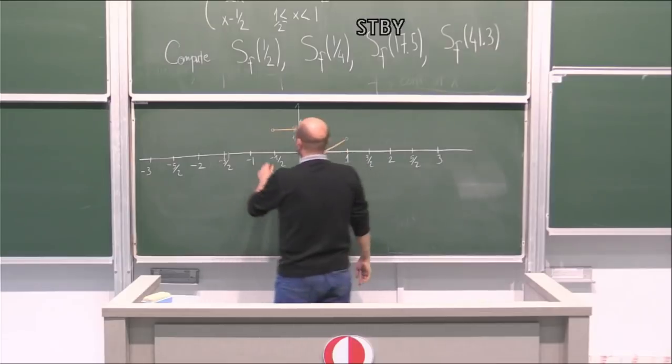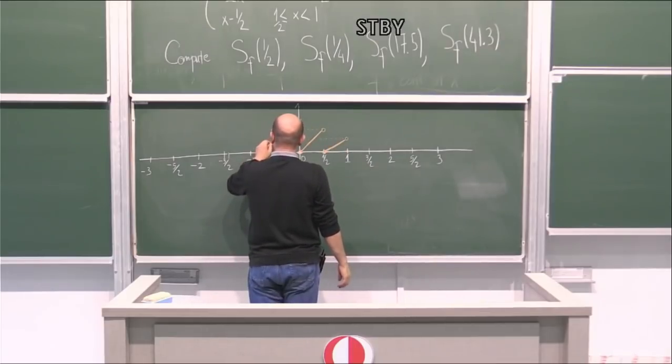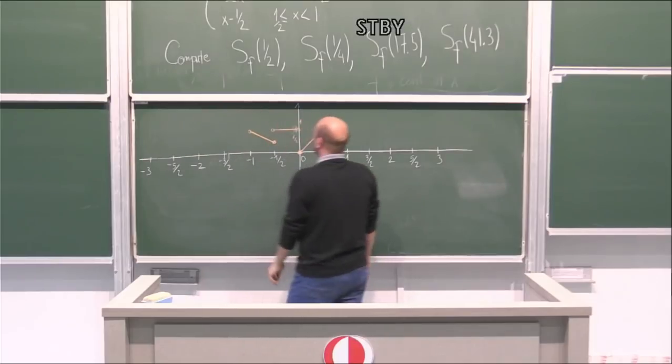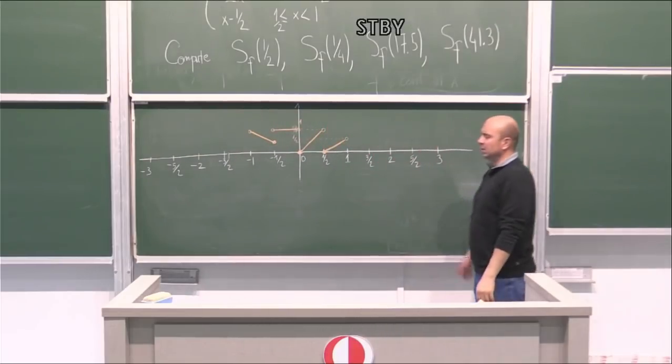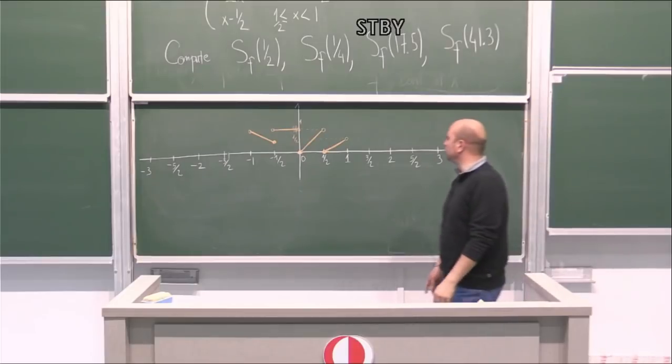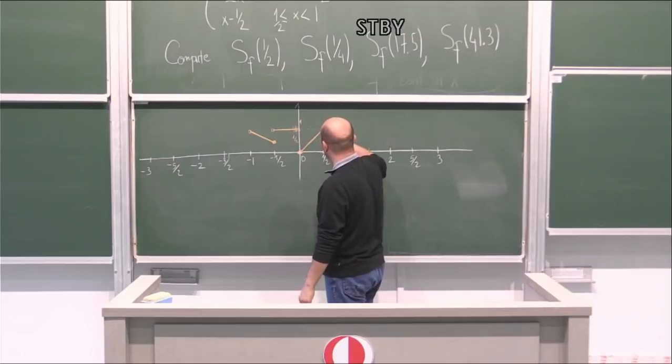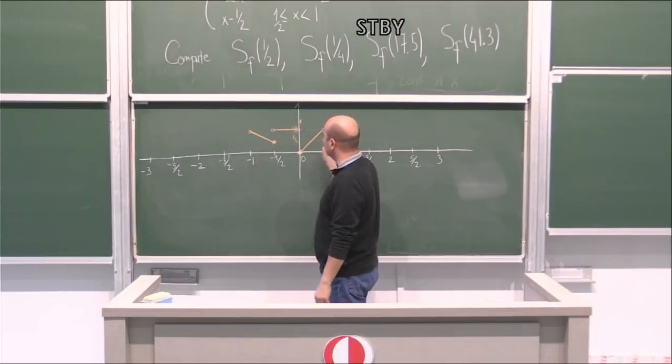So we have exactly like this. Which one is included? 1 over 2. Okay, so this is the graph between minus 1 and 1. As you can see, we have a jump here, here, and here.